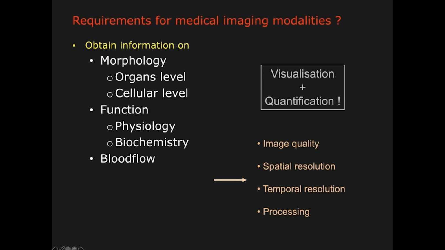So in order to be able to do this visualization and quantification of the different things that we want to see, obviously we need good images. So image quality itself is very important. Now, image quality is partially related to what we see on the images. And as will become clear when we discuss the different imaging modalities, each modality shows something different.